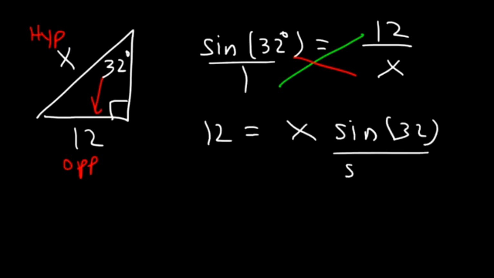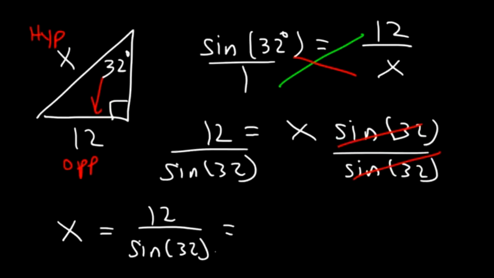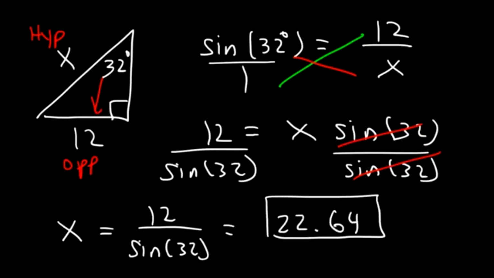Next, I recommend dividing both sides by sine 32. Sine 32 divided by itself is 1. So therefore x is equal to 12 over sine 32. 12 divided by sine 32 is 22.64. So that's the value of x in this particular problem.